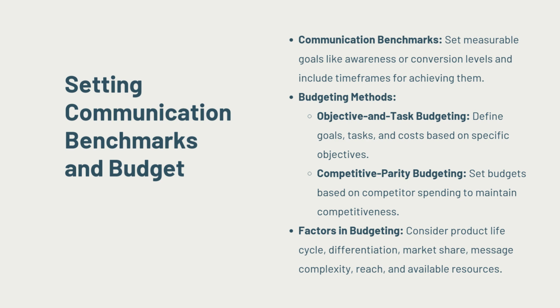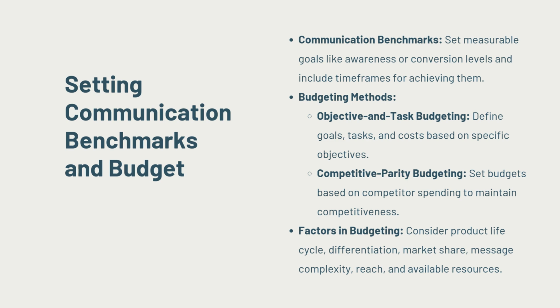Budgeting for communication depends on several factors. Stage in the product life cycle affects budget size, because new products need more funds for awareness, while established products typically need less for ongoing visibility. Product differentiation requires higher budgets for unique products to emphasize distinct features.